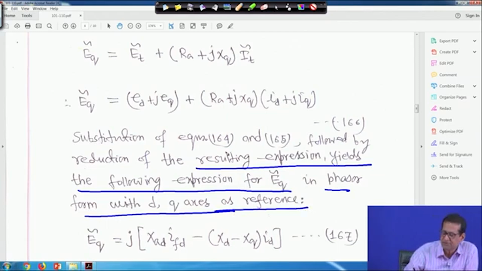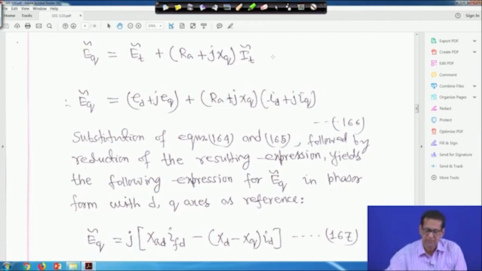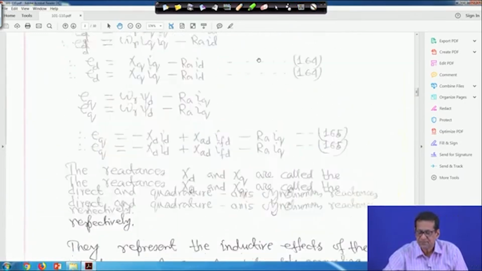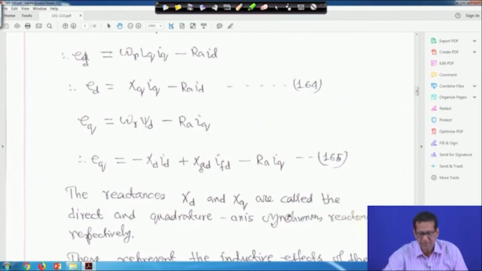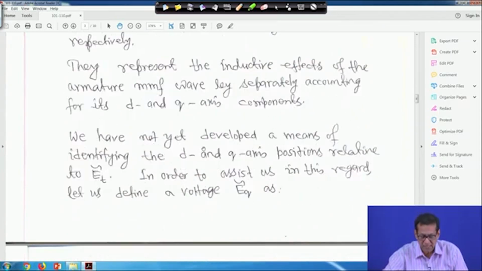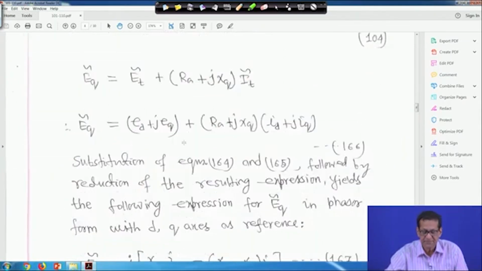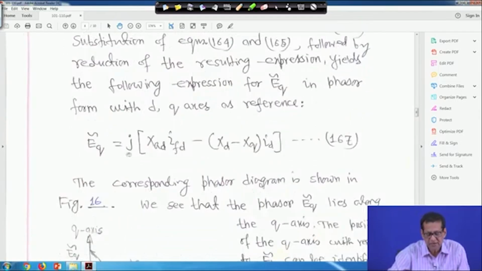That is, you substitute the ED expression and EQ expression from 164 and 165 and simplify. Then you will get EQ tilde is equal to J into XAD IFD minus in bracket XD minus XQ into ID. This is equation 167. That means it is a pure imaginary quantity, so this EQ tilde will lie on the Q axis, right.